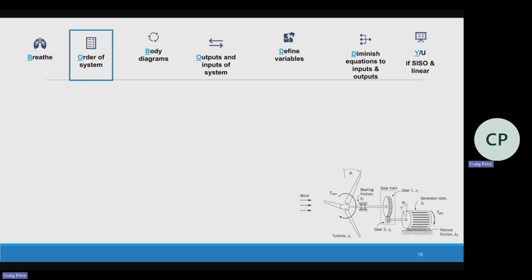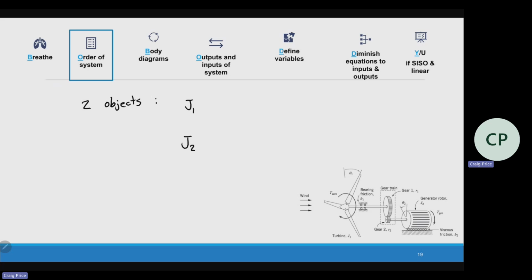I guess how many objects are we looking at that can move in total? There's really two objects. So we've got J1 and we've got J2.